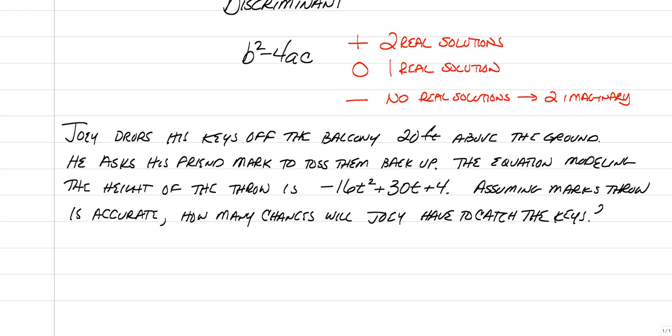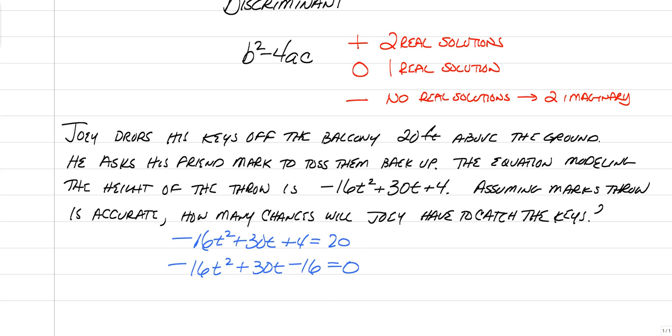So you can do this a couple of different ways. You can actually go through and solve it. You can use your graphing calculator, or you can use the discriminant. How do you use the discriminant? Well, negative 16t squared plus 30t plus 4 is equal to the height that the keys have to get, which is 20. That's negative 16t squared plus 30t minus 16 is now equal to 0.